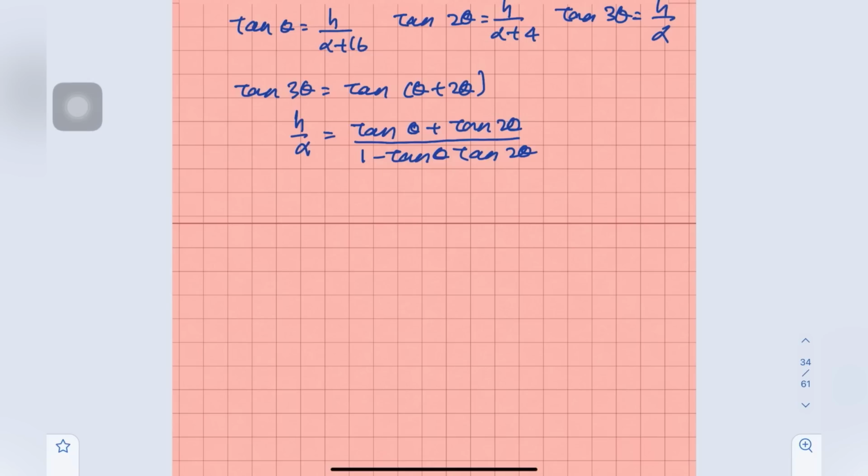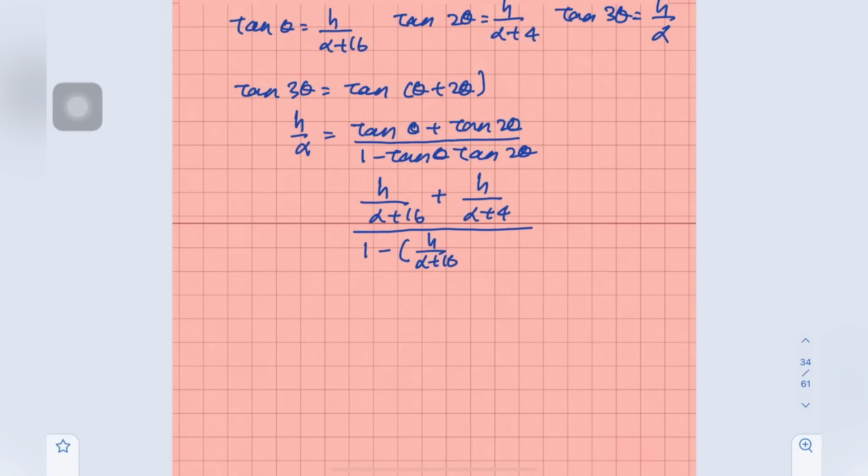Okay, so then we substitute tangent theta is H over alpha plus 16, tangent 2 theta is H over alpha plus 4, divide by 1 minus H over alpha plus 16 times H over alpha plus 4. Okay, so this one equals H over alpha.